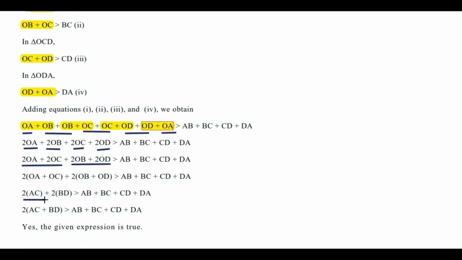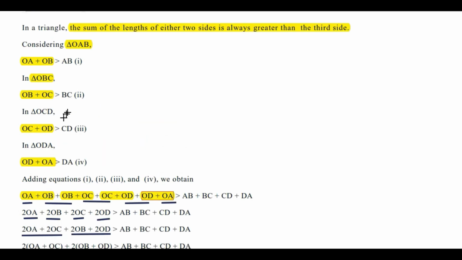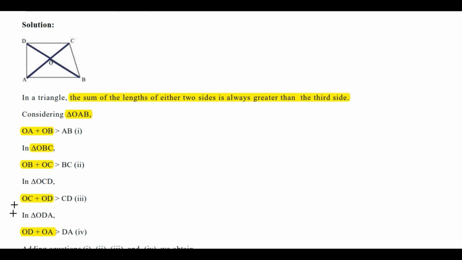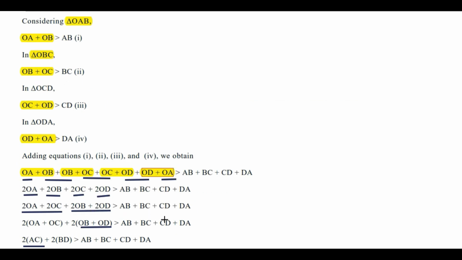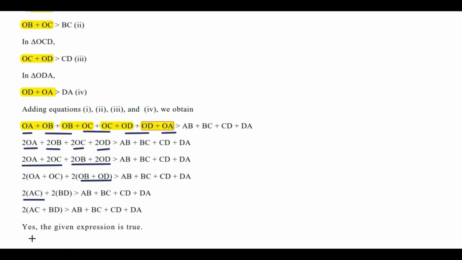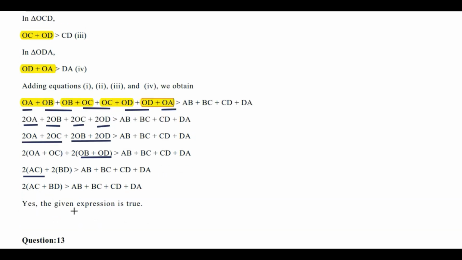So add these two. So 2OA plus 2OC, the sum is equal to 2AC. I already told you OA plus OC is what? AC. And OB plus OD is what? BD. Yes or no? Then take 2 common. We will have here 2(AC plus BD) is greater than AB, BC, CD and DA. So the equation is true.